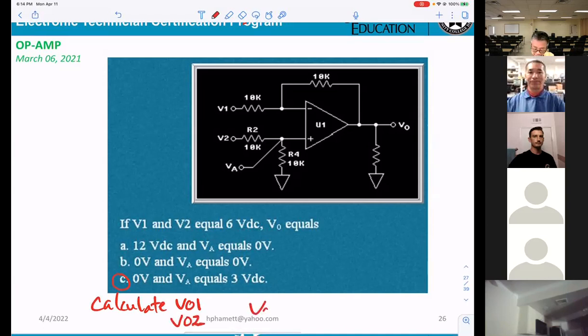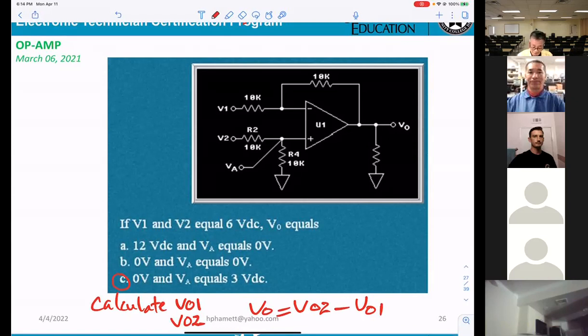Then you can take VO2 minus VO1. Then you can see the answer will be 0.